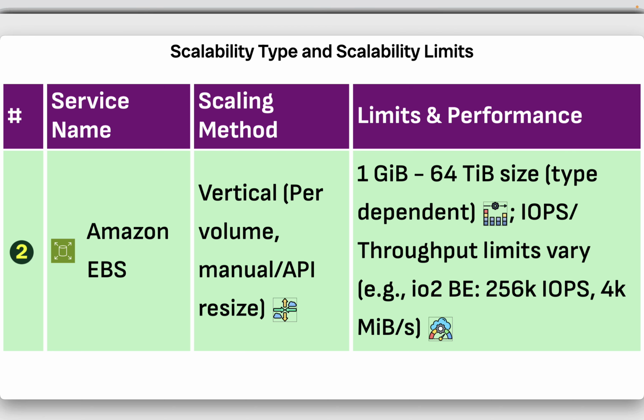When you create EBS volumes, you will choose the type, and IOPS and throughput may vary. For example, io2 Block Express will have 256,000 IOPS and 4,000 MB per second. So depending on the type, it may vary.